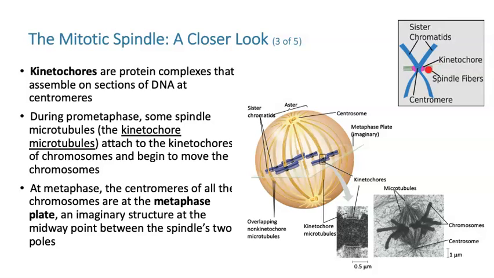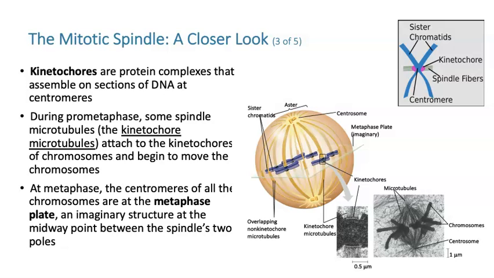And you can see that there are spindle fibers that do attach to the kinetochore. During prometaphase, some of the spindle microtubules, and we're going to call them kinetochore microtubules if they're connected to the kinetochore, some of those spindle fibers attach to the kinetochore and they move the chromosomes. So again, if the spindle fibers are attached to the kinetochore, we're going to call them kinetochore microtubules.